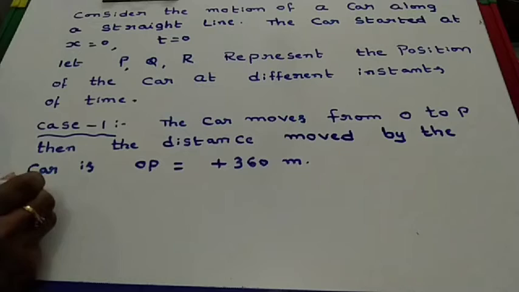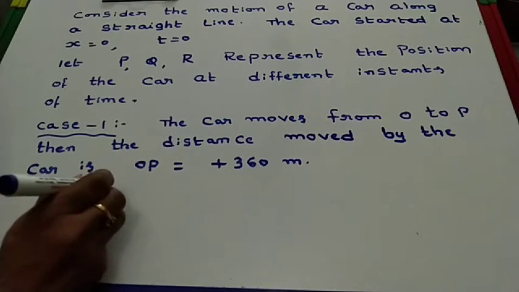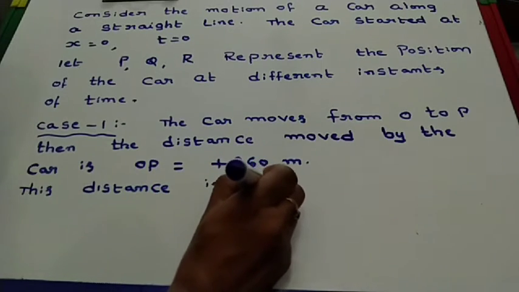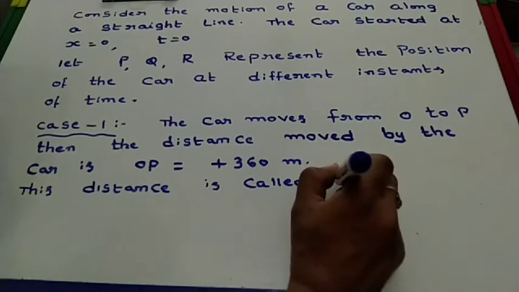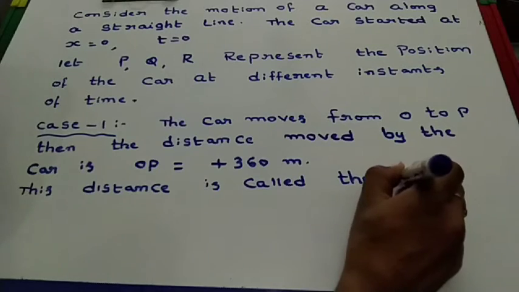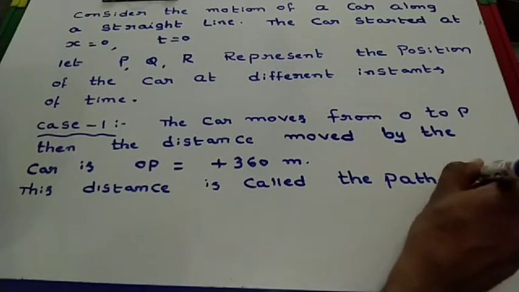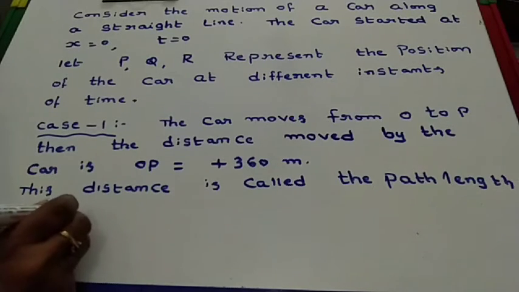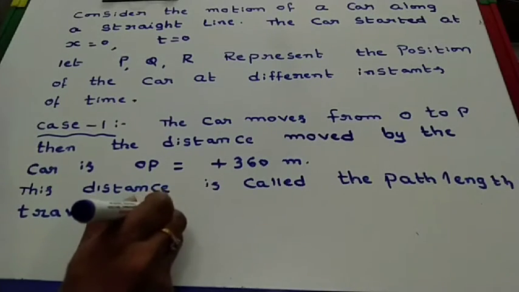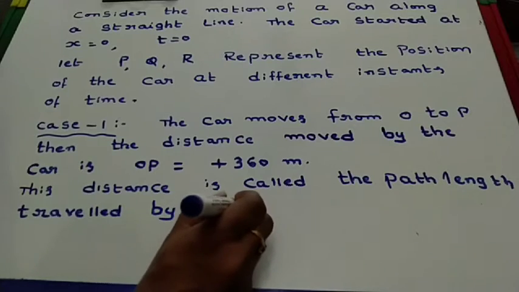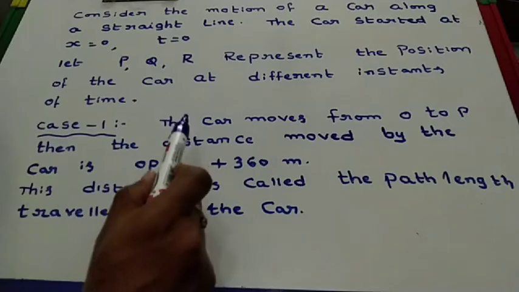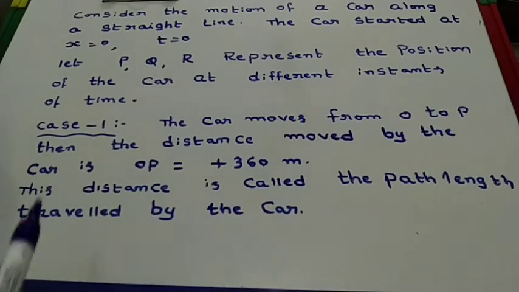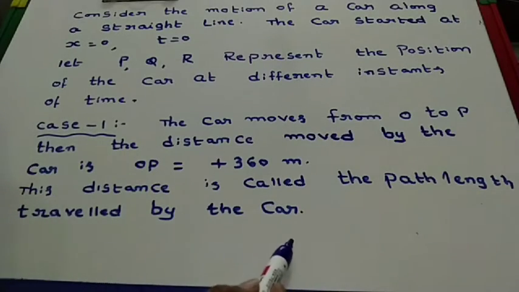This distance is called the path length traveled by the car, or distance.